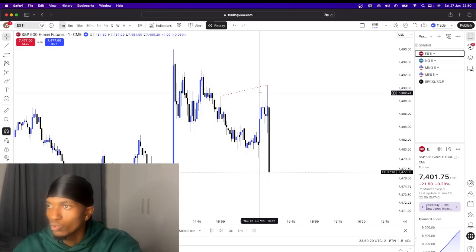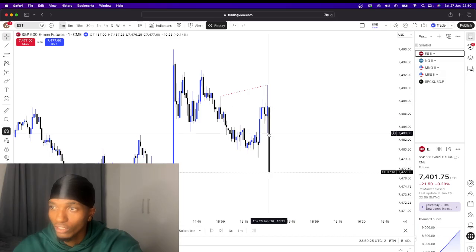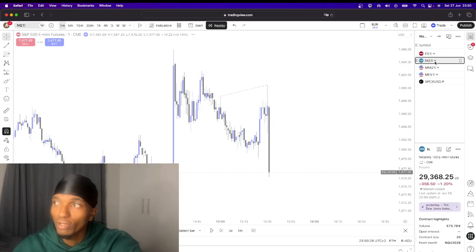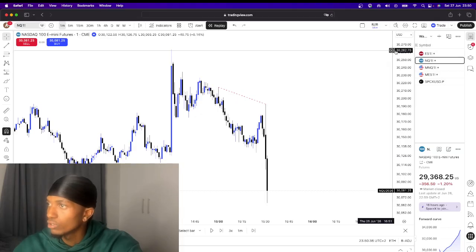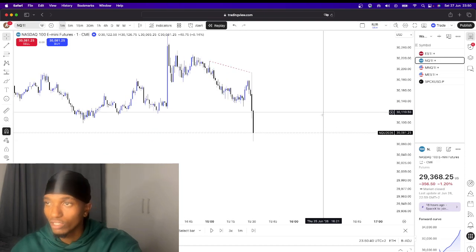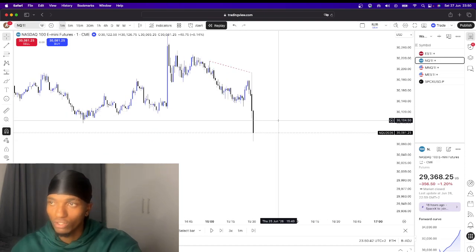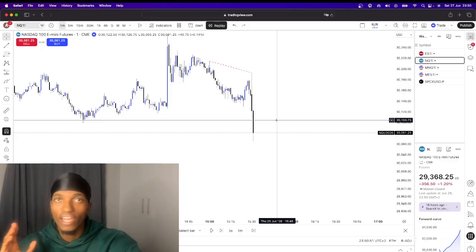Now once we have an SMT, right, and a break of structure down here, you can actually open a position on the leading index, meaning you see in this case it was down here. So when we have something like this and all your confluences are met again, right, because you can't just blindly take trades out of an SMT, because there are SMTs everywhere.